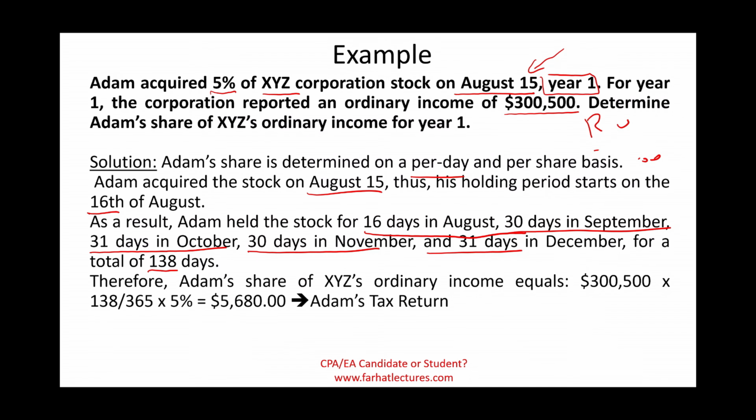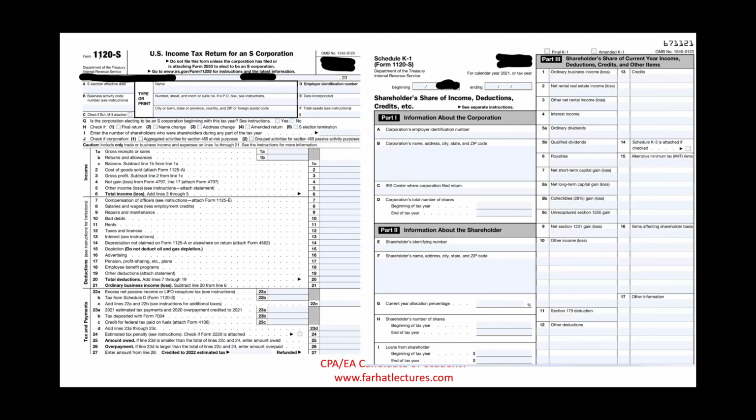Now what we do is we prorate it. We're going to take the 138 divided by 365, multiplied by 5%, multiplied by the total ordinary income. As a result, we'll have $5,680 of ordinary income that goes to Adam's tax return. Simply put, if you want to take a look at it as a picture, this is the $300,500, of which Adam's share is, how much was it?